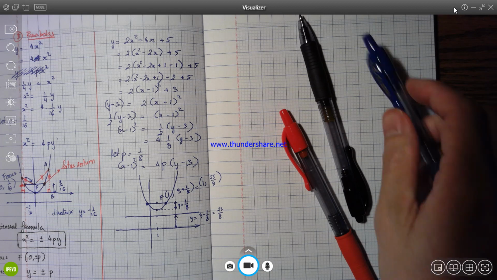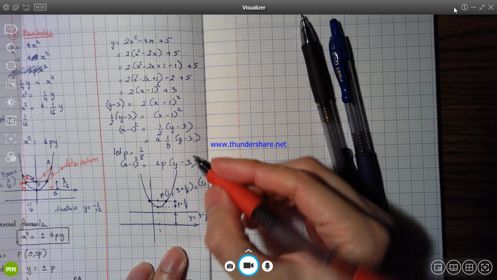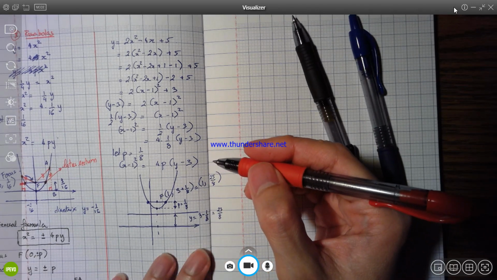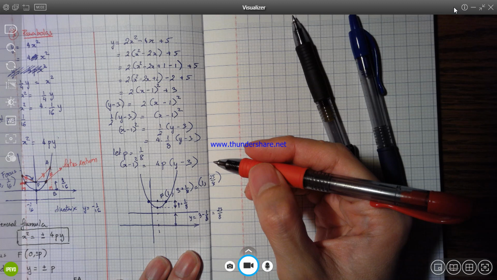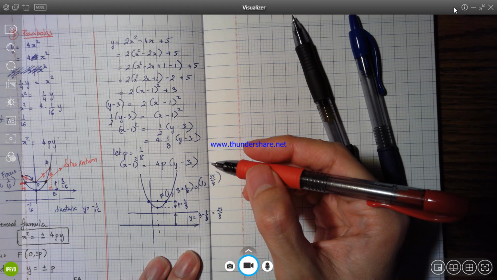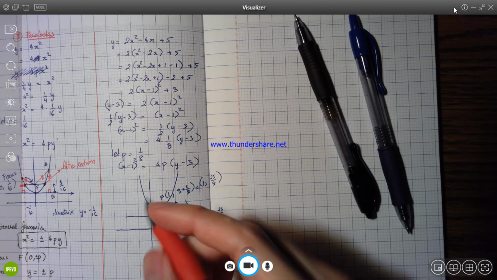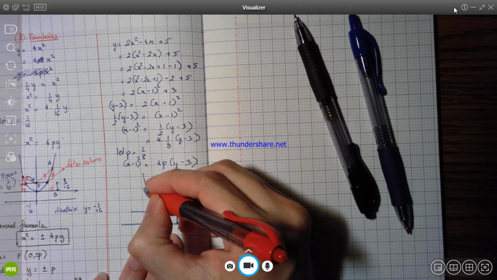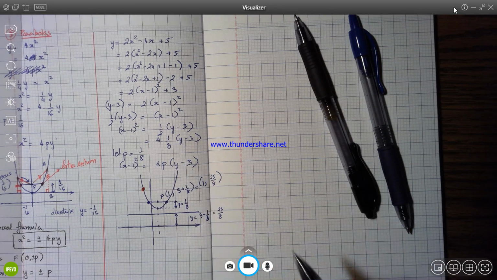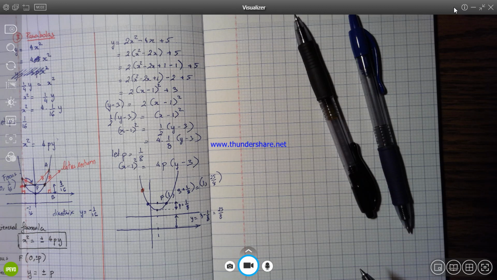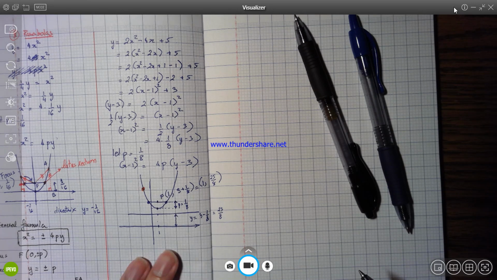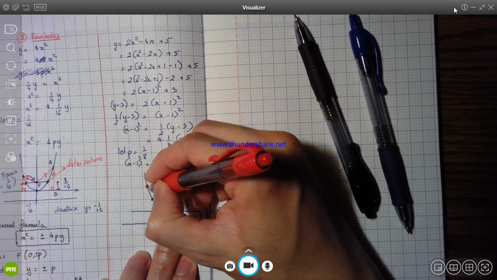Okay, any point on the curve, any point, and we connect that point to the focus.